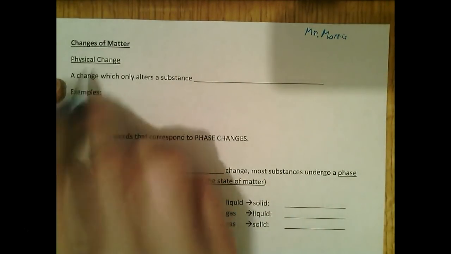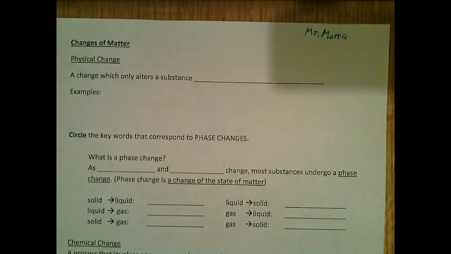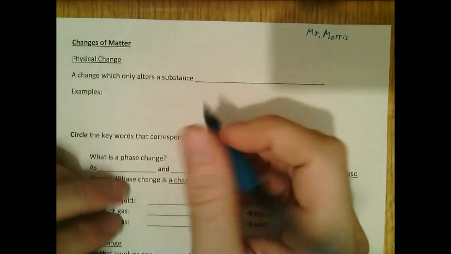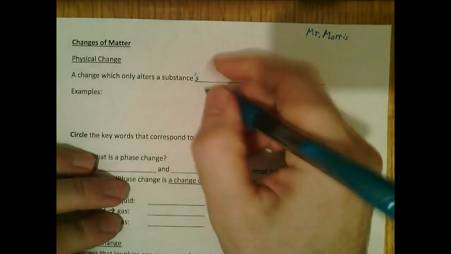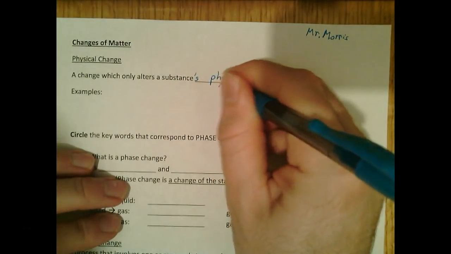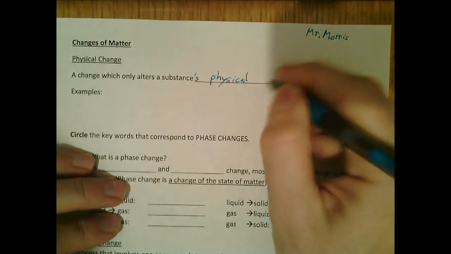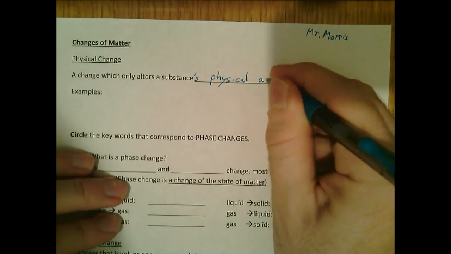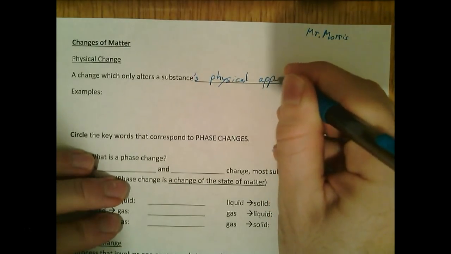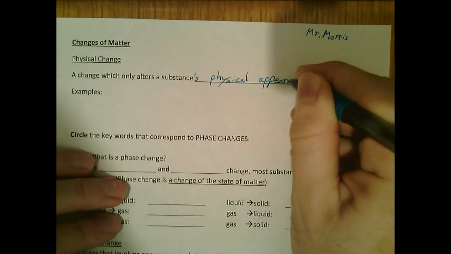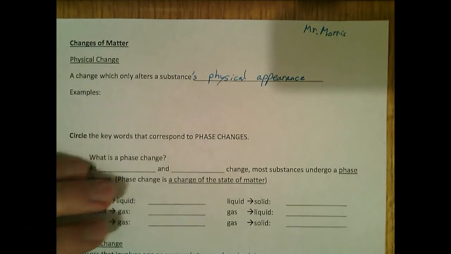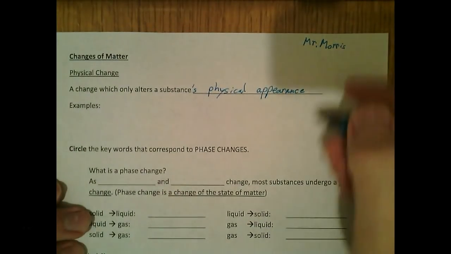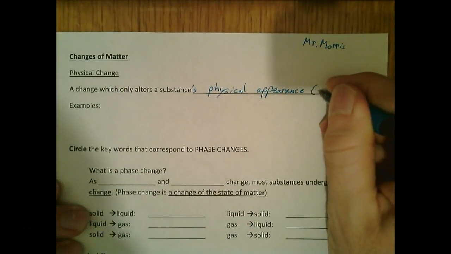All right, a physical change. Well, a physical change is really just a change which only alters a substance's physical appearance. Now, it may also affect some of the other physical properties, but the key is it does not change its identity.